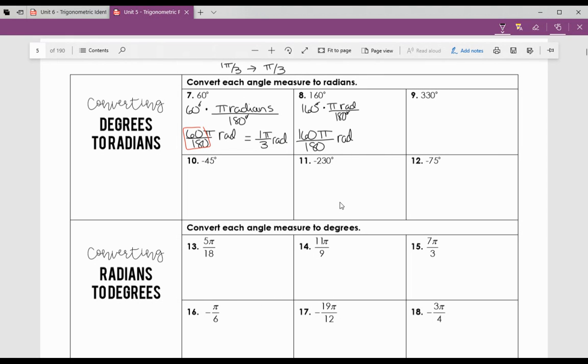So that would end up being 8 over 9 pi. Now, you can put pi in the numerator. Don't ever put it in the denominator because it's not there. Or you can write it as 8 over 9 with a pi behind it. That's fine as well. All right, so I'm going to give you a moment to do the 330 and come up with the radian equivalent to that.